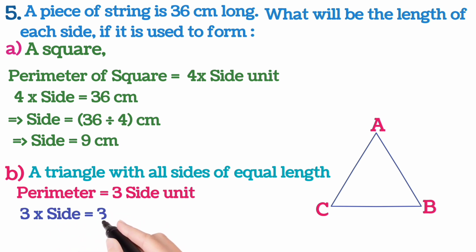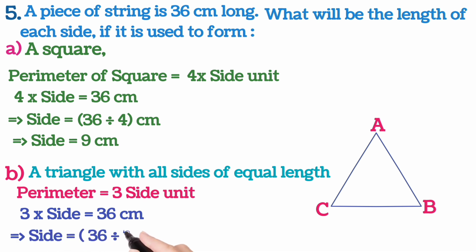So simply write 3 into side equals 36 centimeter. Now, same way, find the side: 36 divided by 3. 3 into 12 equals 36. So each side of this equilateral triangle is 12 centimeter. I hope all of you understood.